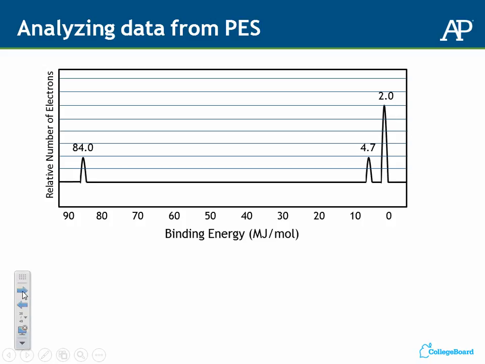So if we analyze the data, we can see that where the binding energy is highest, like here by the 90 or the 84, those are the electrons that are closest to the nucleus. The binding energy out here closer to 0 would be those in the much farther energy level from the nucleus, the highest energy level, or the valence state.